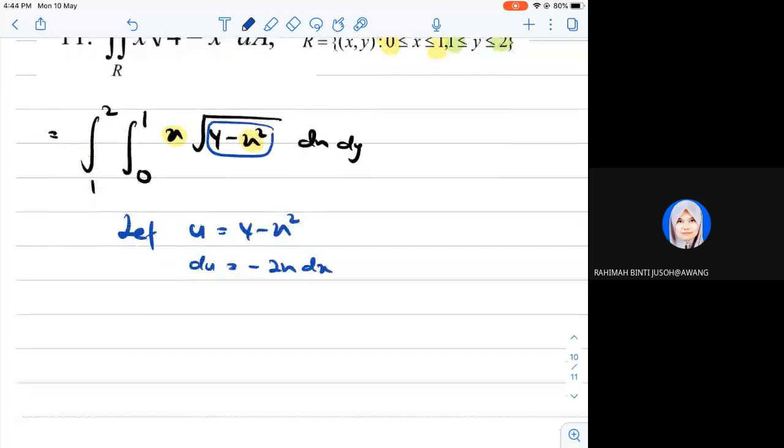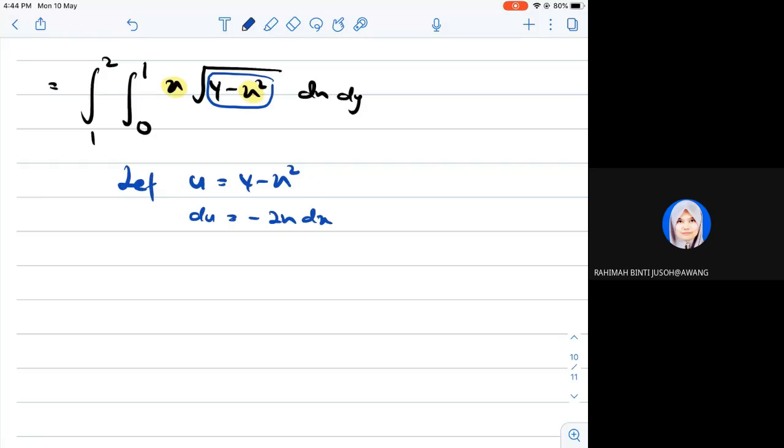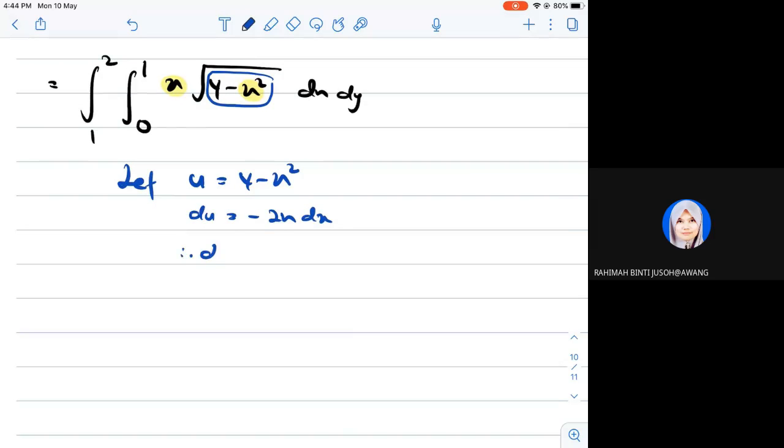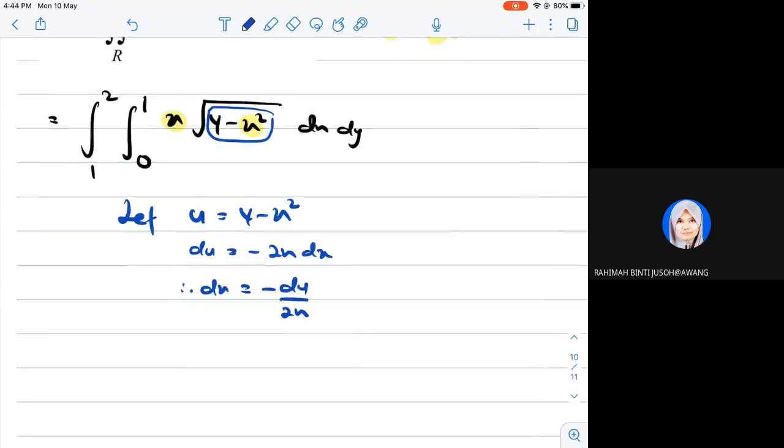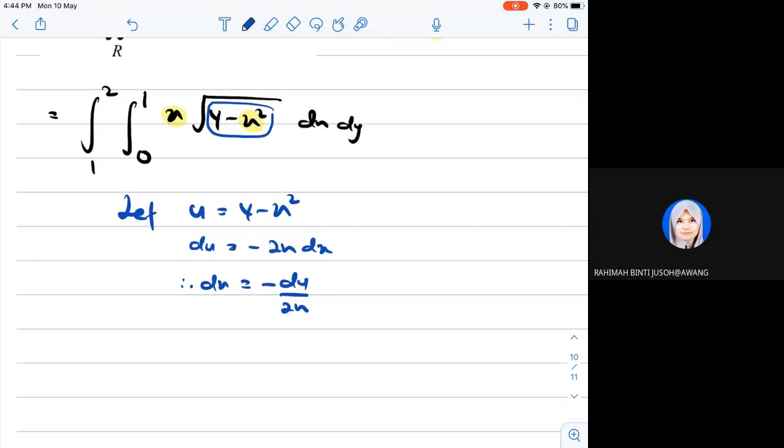We can also say that dx equals negative du over 2x. Now, I like to change the limits directly. It's up to you. If you are comfortable changing the limits later, it's okay. Both are fine. Let me show the method of changing the limits directly.